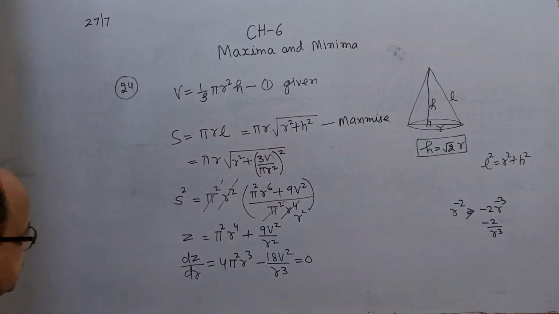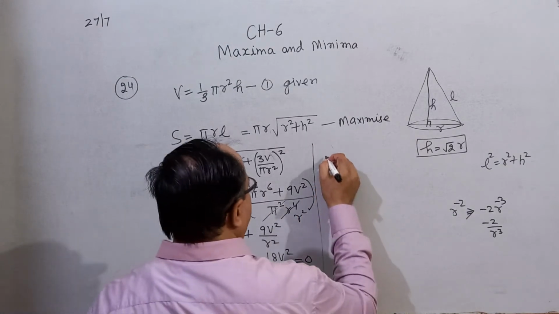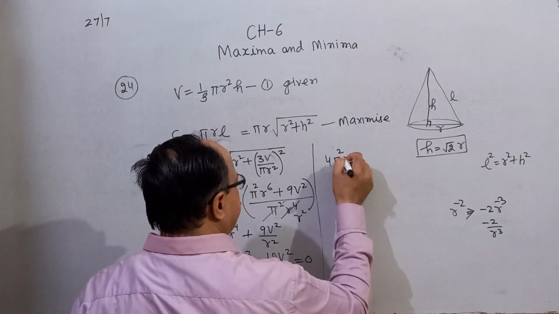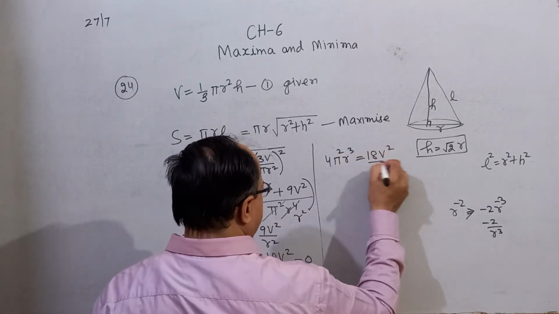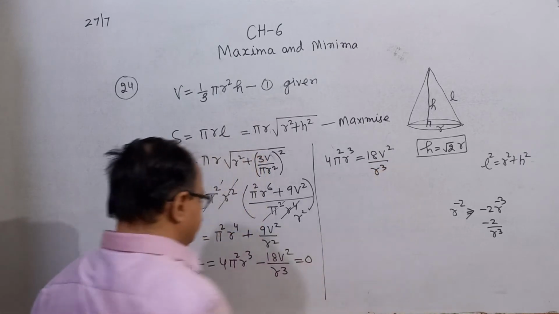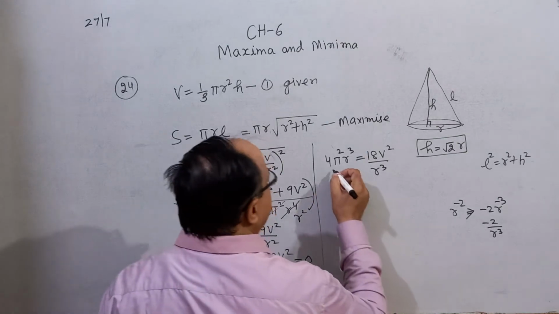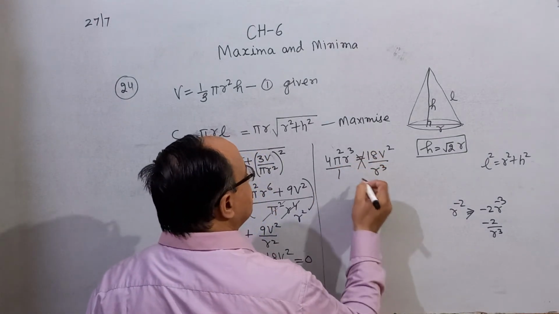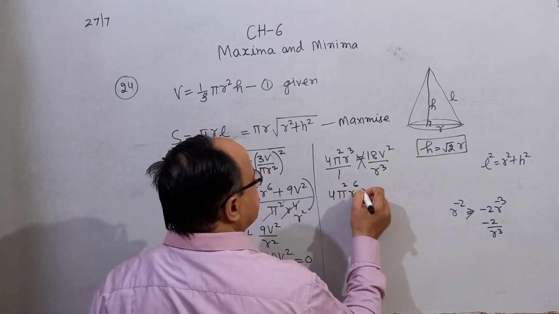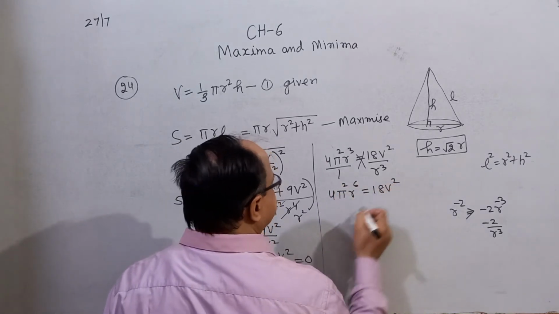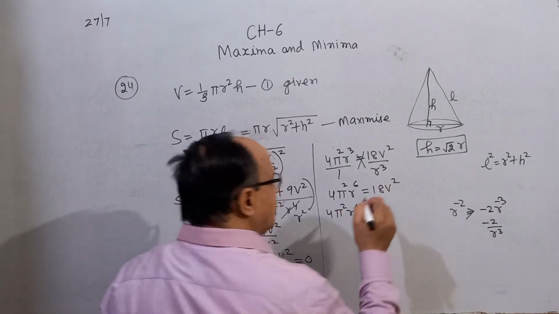When you put this equal to 0, then the result becomes 4 pi square r to the power 3 is equal to 18 v square upon r cube. Correct? Now cross multiply, what will happen? 4 pi square r to the power 6 is 18 v square. What is the value of v?